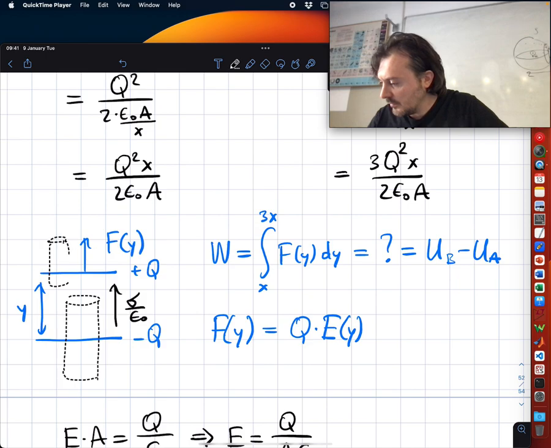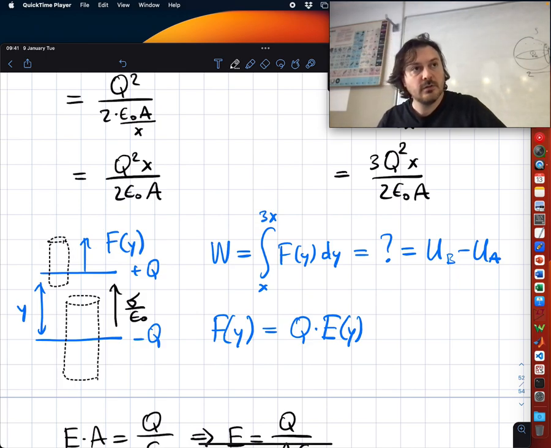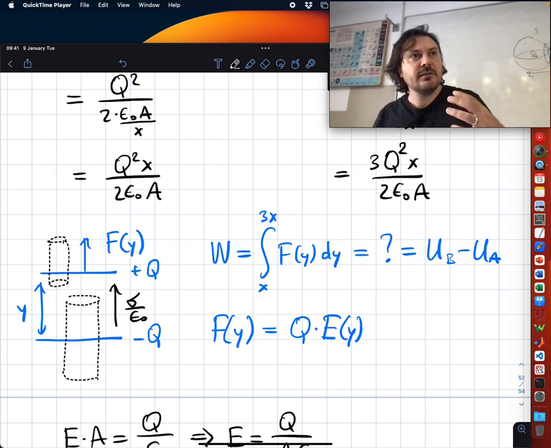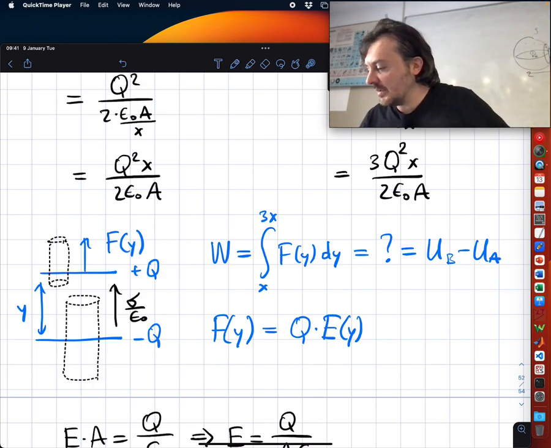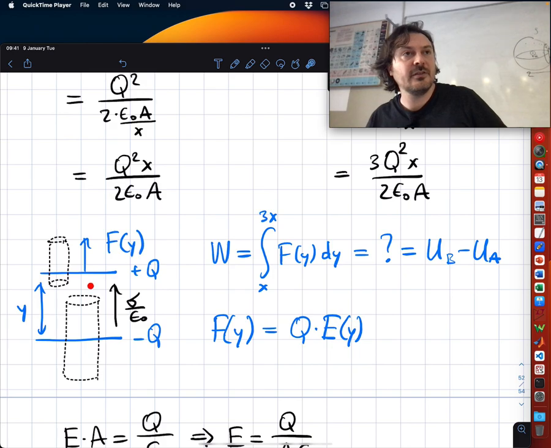You could put it like this, but what we are doing here is we are already using something that we already know from superposition from beforehand. We already are using the fact that there is no electric field here, but some electric field here.